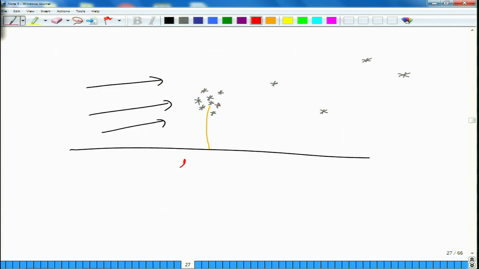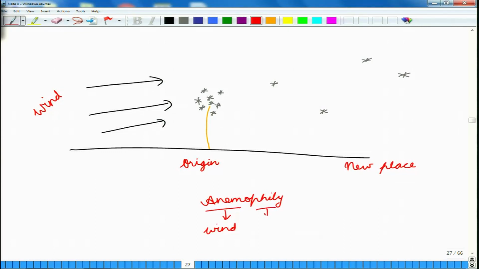So, here again we have the origin and they are being dispersed to a new place because of the action of wind. Now, such a dispersal would go by the name of anemophily. So, this is anemo is wind and phile is love. So, it is the wind that is acting as a dispersal agent for the movement of these seeds from the place of origin to a new place.